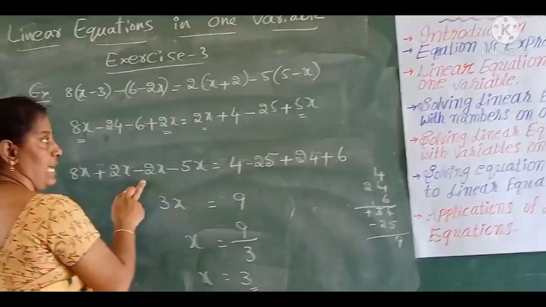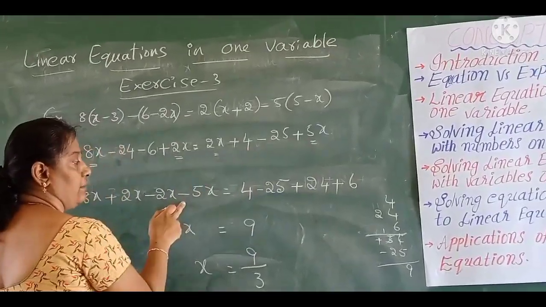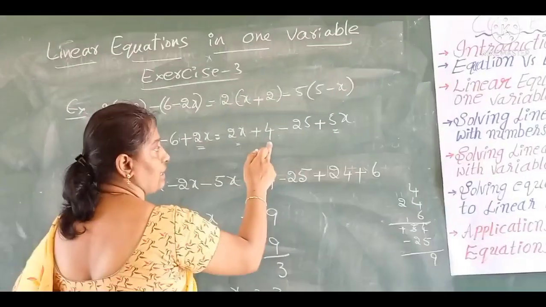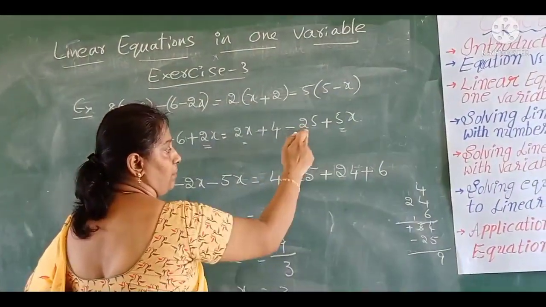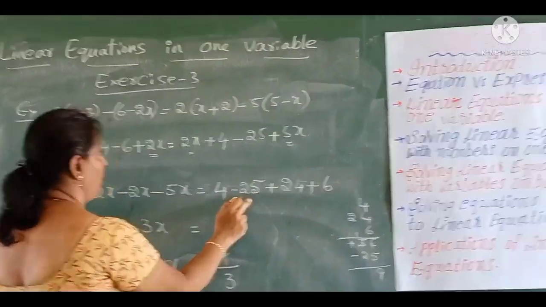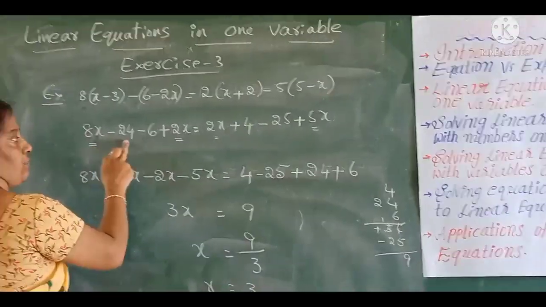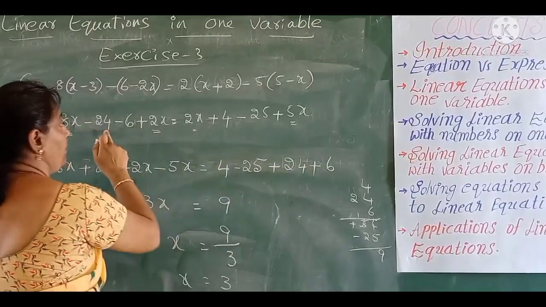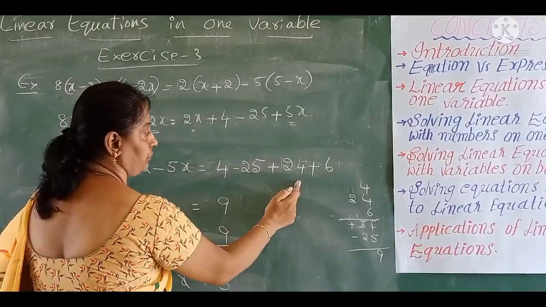So minus 2x minus 5x is equal to. The constants on the right are plus 4 and minus 25. On the left hand side are minus 24 and minus 6, moving to the right side they will become positive.